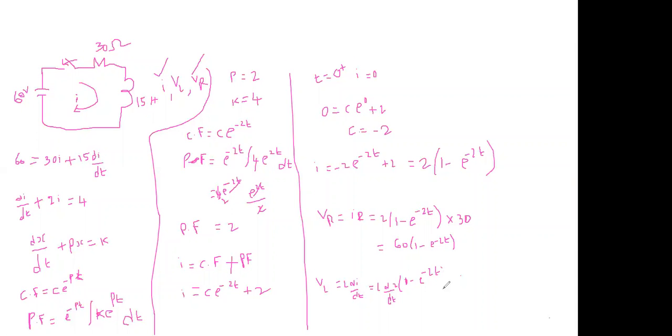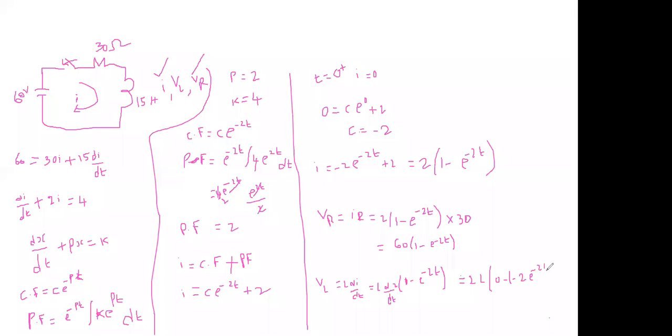Here 2 is common, so 2 into L, 2L. Differentiating 1 gives 0, minus of minus 2 e power minus 2t.